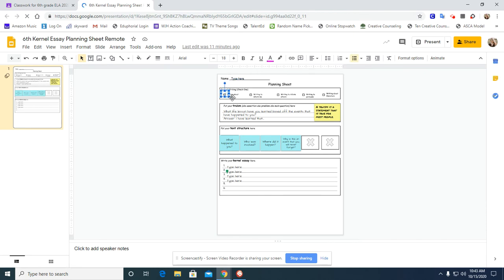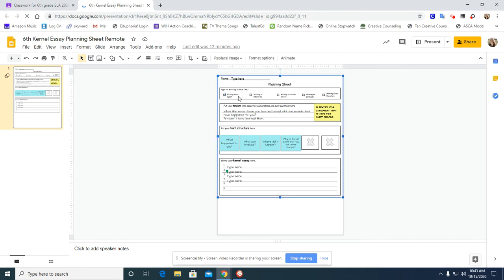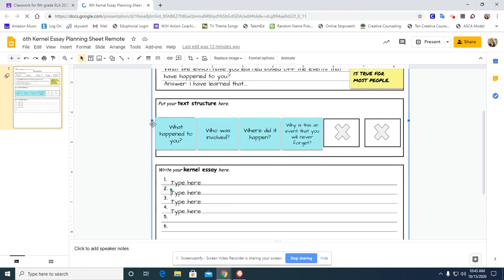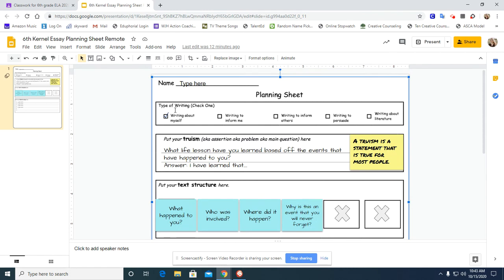When we are writing a narrative, what type of writing are we doing? Well, we are writing about ourselves. So that's why we have a check in this first bullet box. For the first part of your assignment, we're asking that you create a truism about what life lesson you learned based off the events that happened to you.